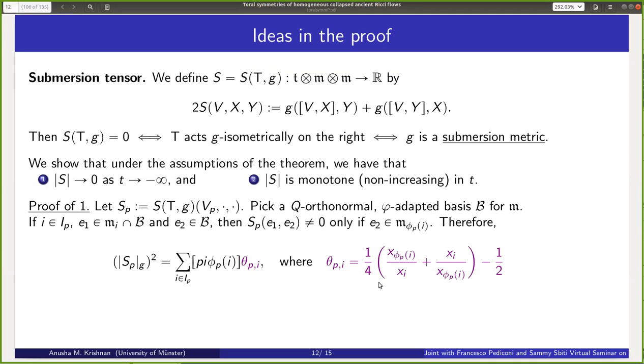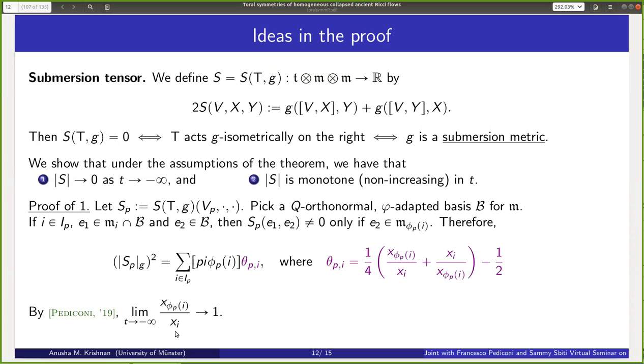Okay, so we are evolving things by the Ricci flow. So in fact, all these x_i's are dependent on time, and by applying results from Pediconi, we can see that in the limit as t goes to negative infinity, this ratio goes to 1.